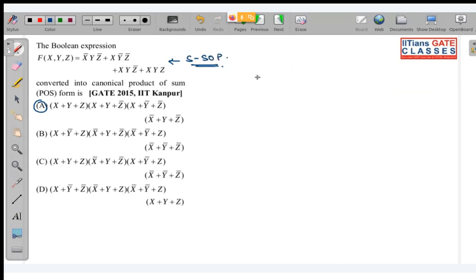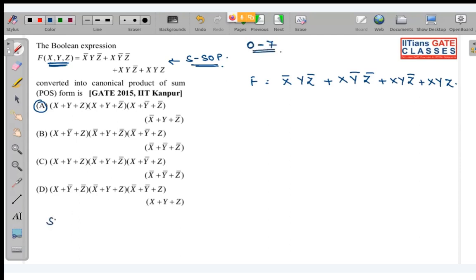So look here, it is given f is equal to X complement y z complement plus x y complement z complement plus x y z complement plus x y z. This is a 3 variable Boolean expression, which means you can have minterms from 0 to 7.